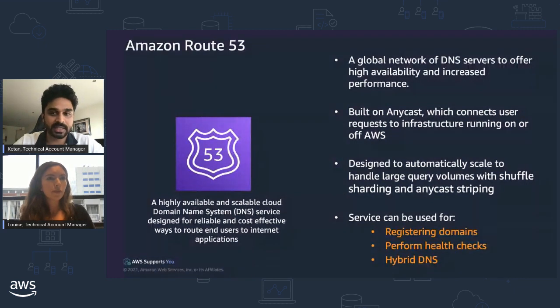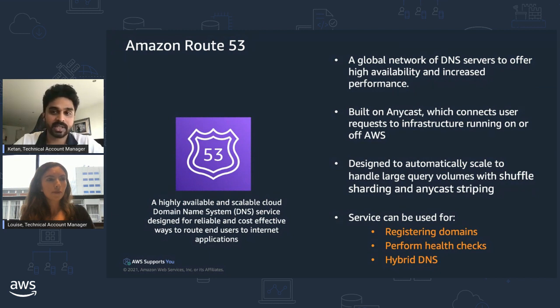It also uses techniques like shuffle sharding and Anycast striping, which can help users access your application even if the DNS service is undergoing a DDoS attack. The service also checks for anomalies in the source and the volume of the DNS queries. This allows us to identify reliable sources and prioritize them. By doing this, we're absorbing those DNS floods.